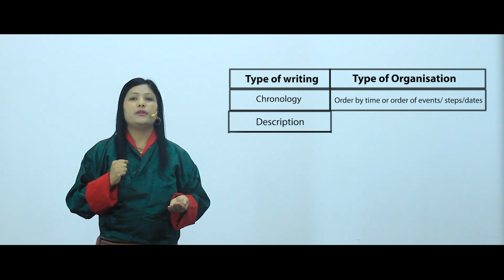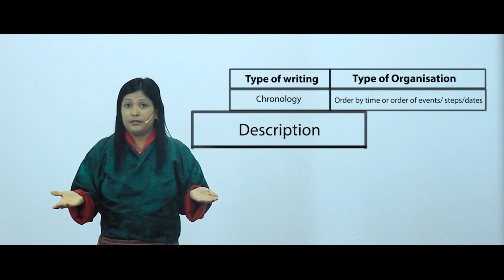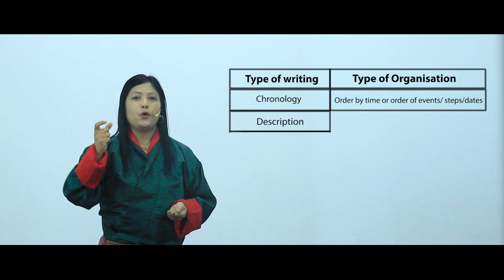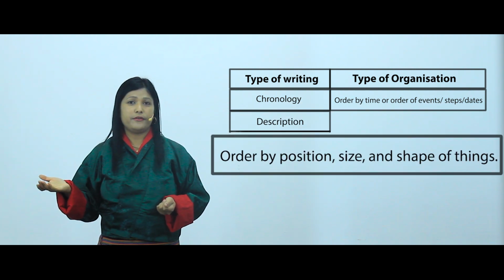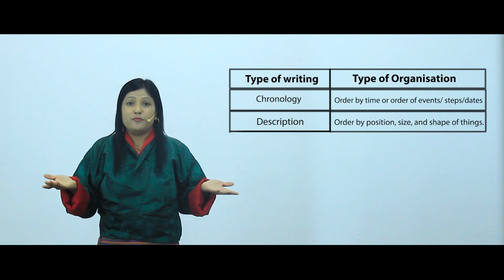The second one is known as description. If you are writing any kind of description or descriptive writing, then you need to order by position. Position here refers to left or right, east or west, so it can be any.